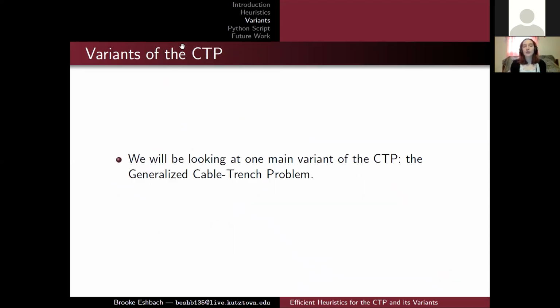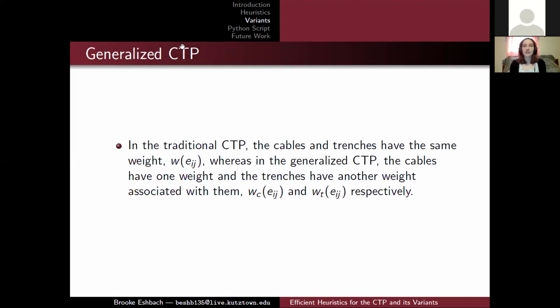And then you can also use ModPrim on some variants of the CableTrench problem. Specifically, we're going to be looking at the Generalized CableTrench Problem. And the only real difference between the Generalized CableTrench Problem and the regular CableTrench Problem is that now we have two weights associated with each edge, because we have a separate weight for cables and a separate weight for trenches, rather than one overall weight.